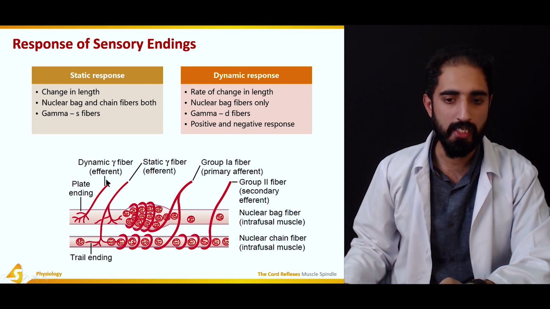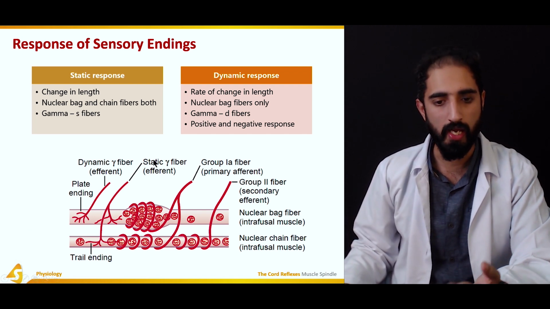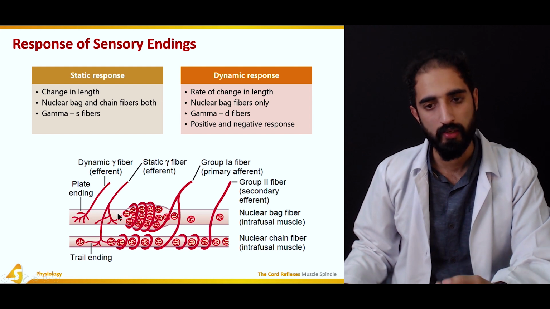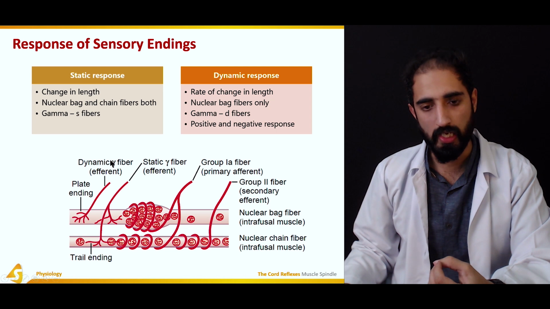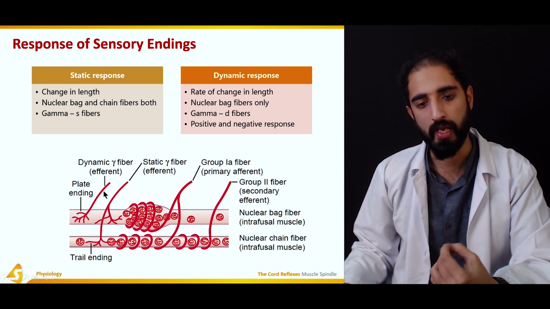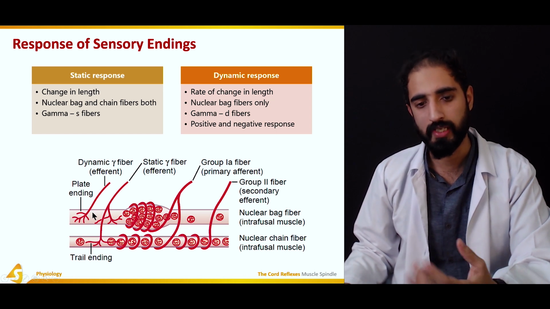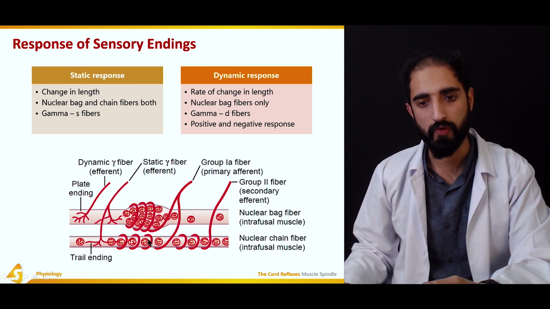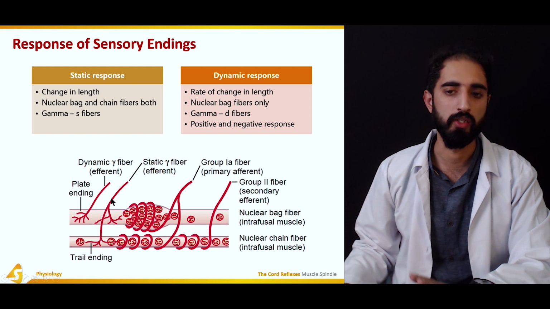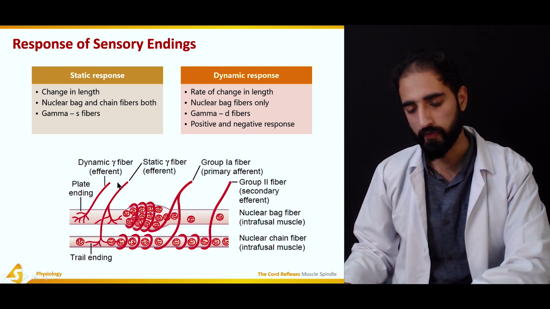The static gamma fiber supplies both nuclear bag and nuclear chain fibers, and the dynamic gamma fiber only supplies the nuclear bag fibers, because static response is related to both nuclear bag and nuclear chain fibers, whereas dynamic response is only related to the nuclear bag fibers.